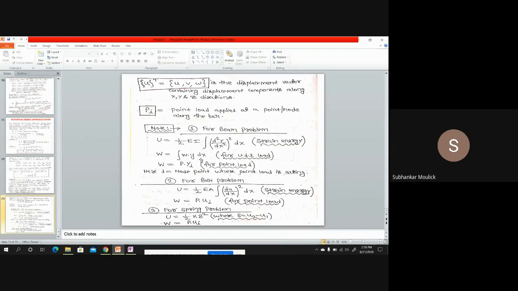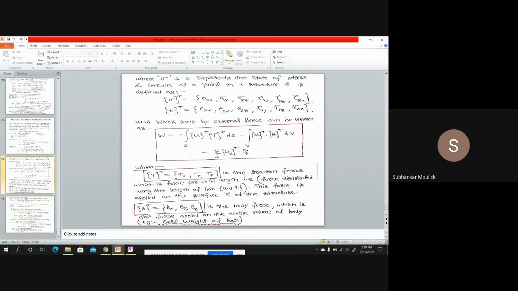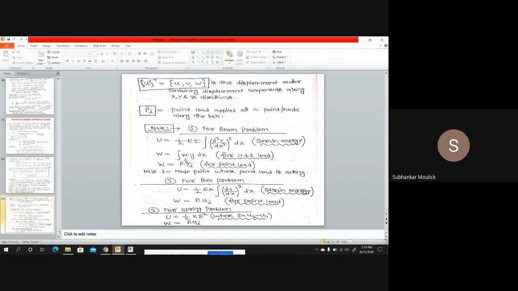In integral form, that formula is half E into I, integral of d2y over dx2 whole square into dx. And the work done by load is load into deflection. Here I have written that load by W, and this deflection is Y.